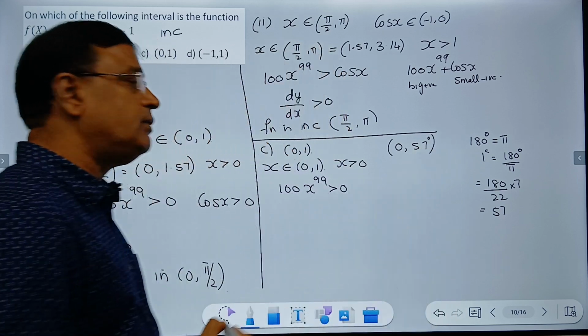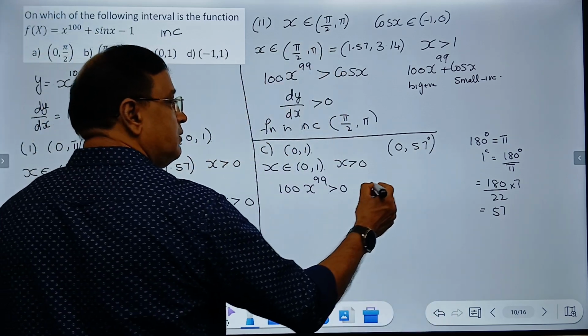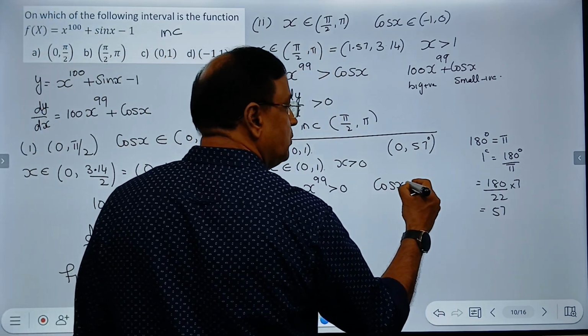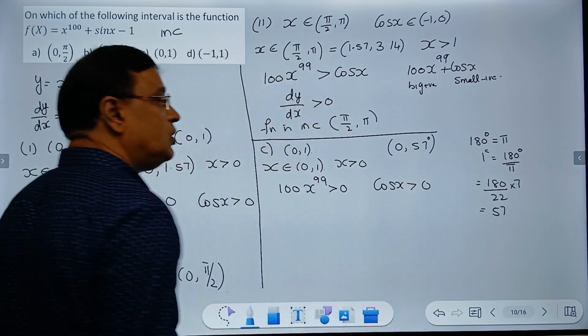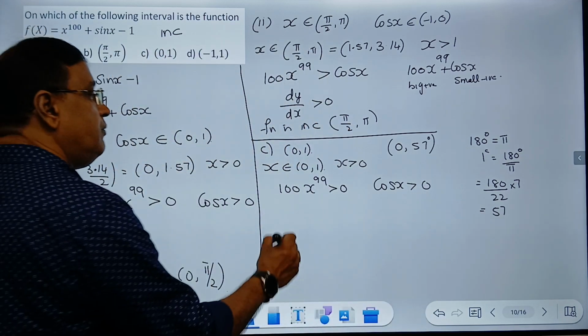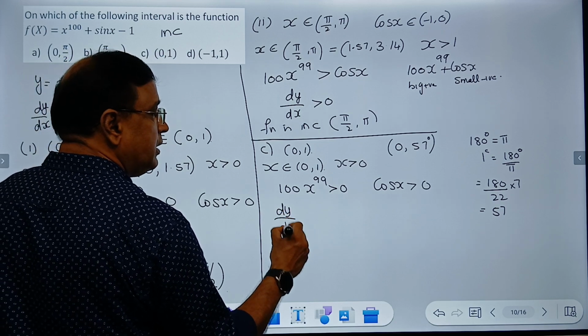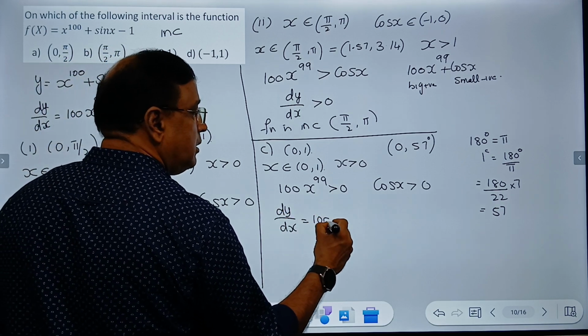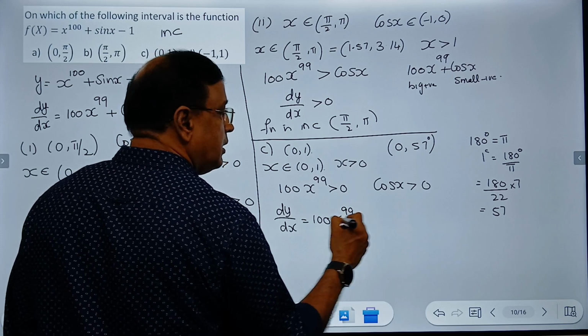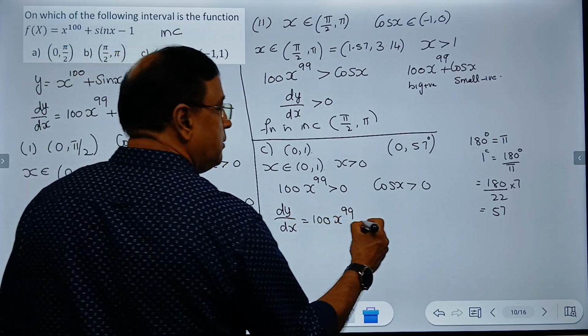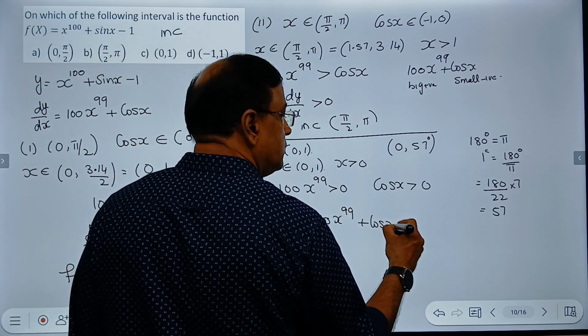So 0 to 57 degrees is in the first quadrant. In the first quadrant, cos x is always positive. Therefore, my dy by dx, which is 100 x power 99 plus cos x, is always positive.